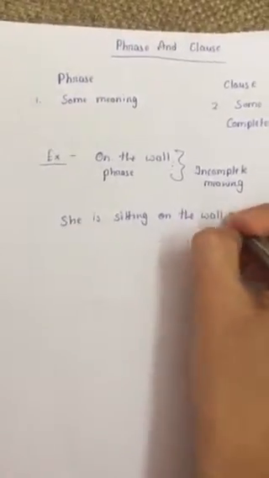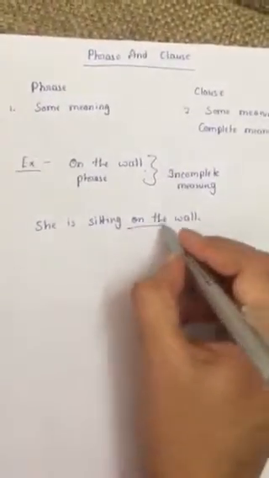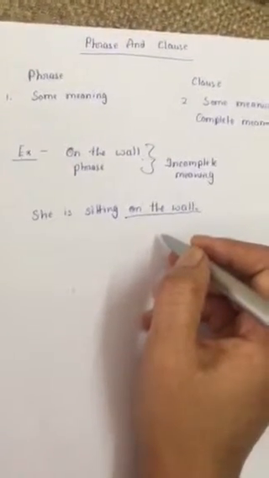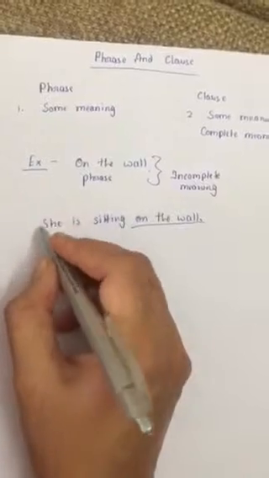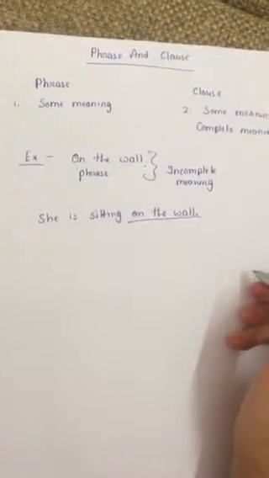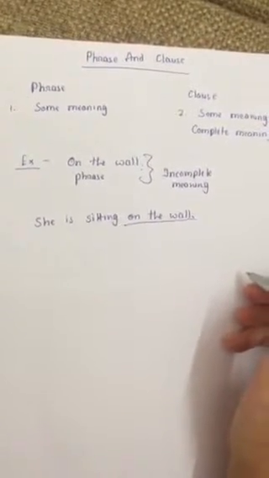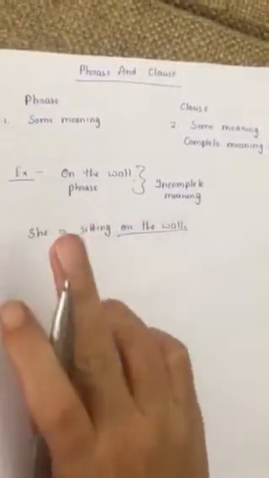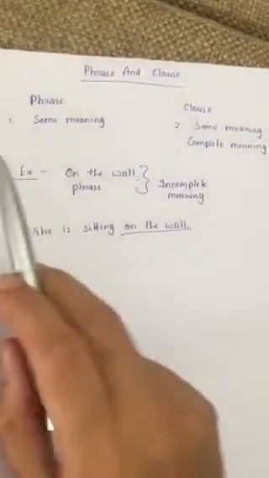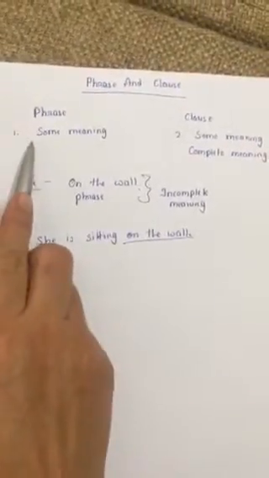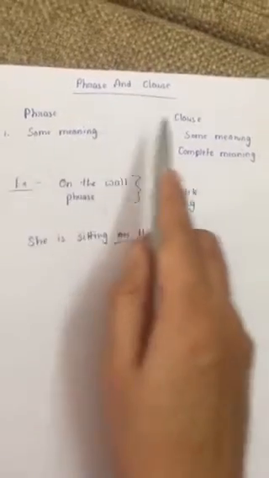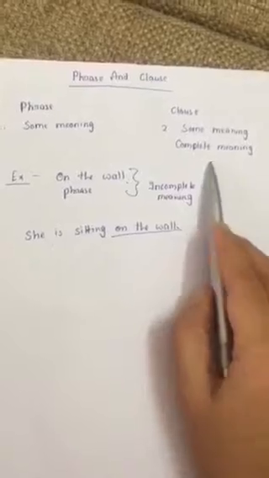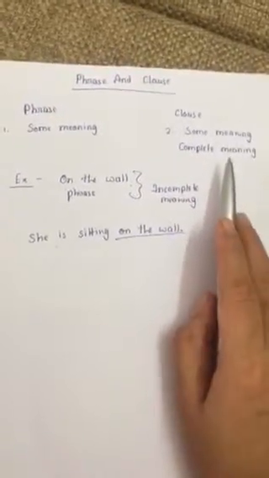Now you get a complete meaning. "On the wall" alone cannot give you complete meaning. But if you read it in totality, "She is sitting on the wall," you'll get to know the complete meaning. Now, number one difference is of meaning. A phrase gives you some meaning, a clause can give you some meaning, and sometimes it gives you complete meaning. Later we will discuss it in detail.